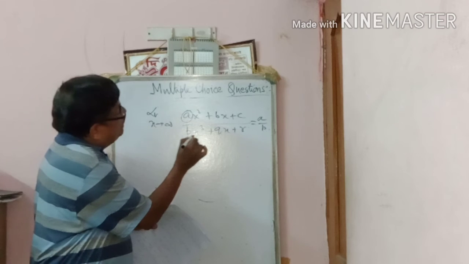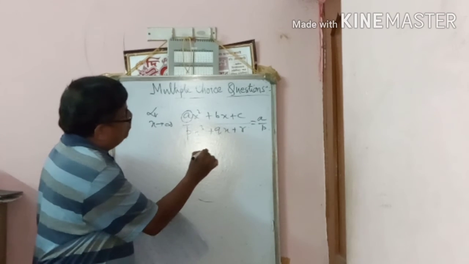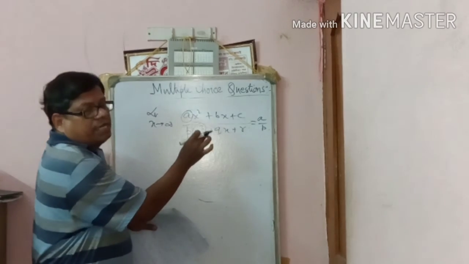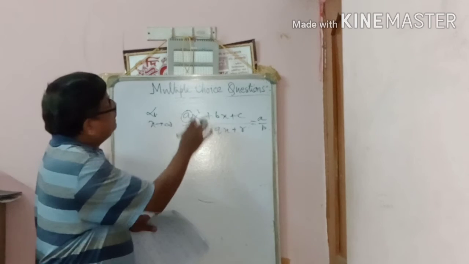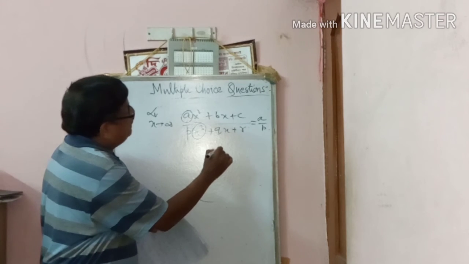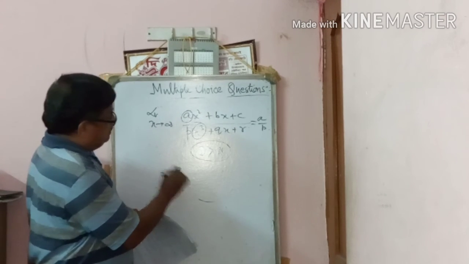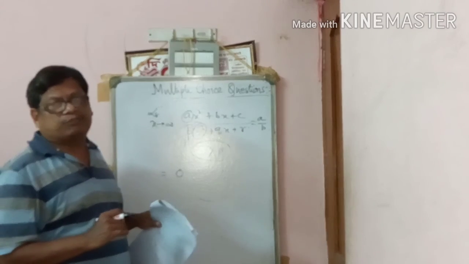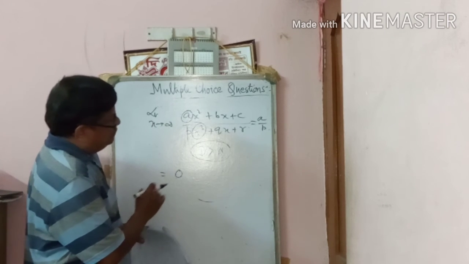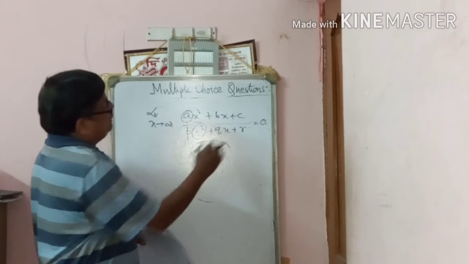Here the denominator power is greater than the numerator power, so the answer will be direct 0.